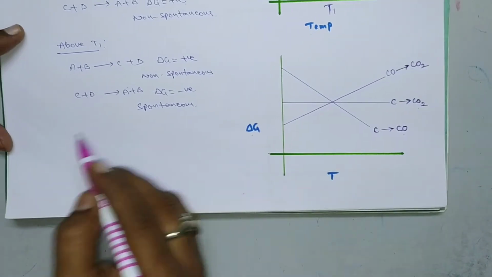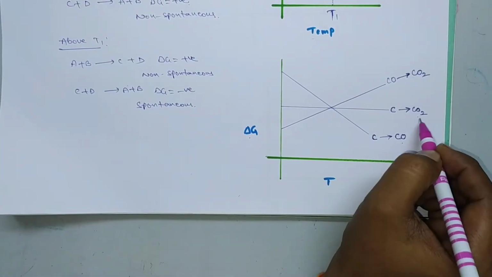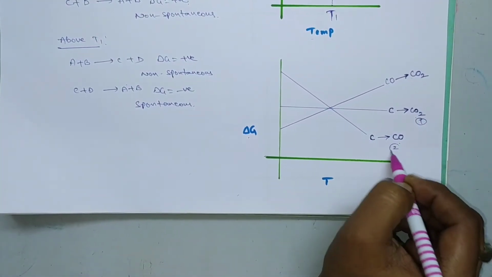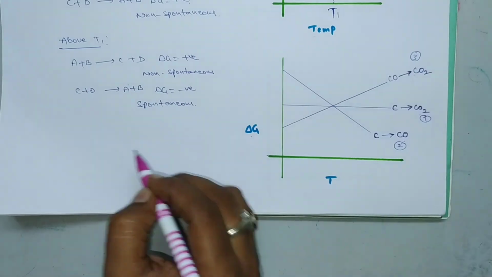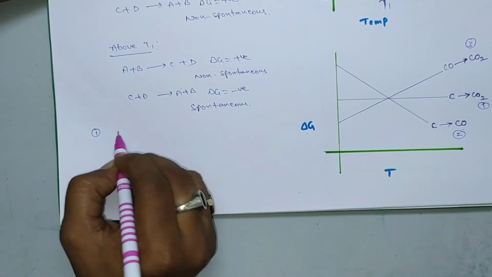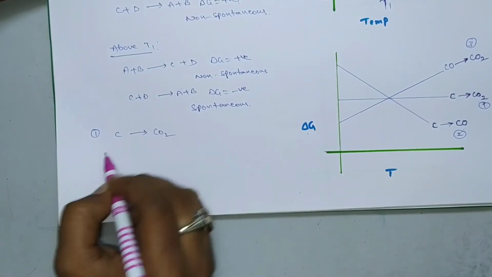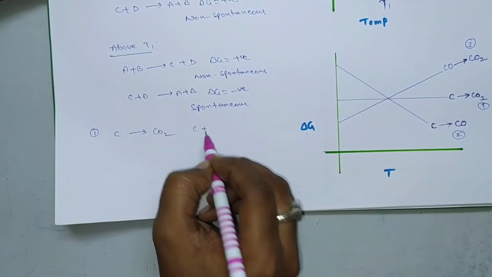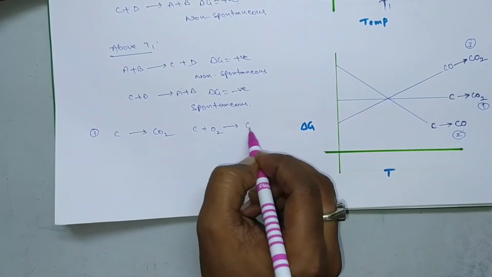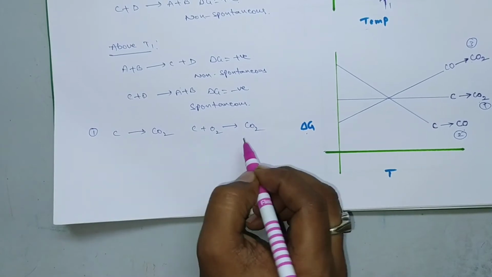Let us consider the oxidation processes, let them be 1, 2, and 3. For the first expression, carbon oxidizes to form carbon dioxide. That means carbon reacts with oxygen to produce carbon dioxide. In this expression, 1 mole of carbon dioxide is formed.